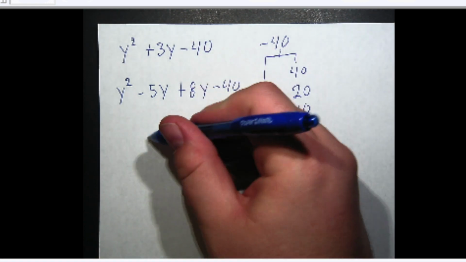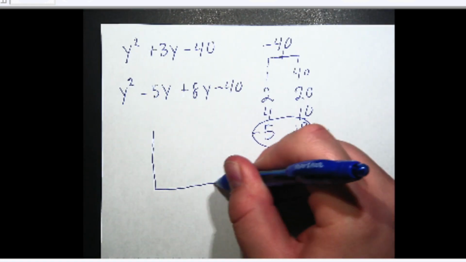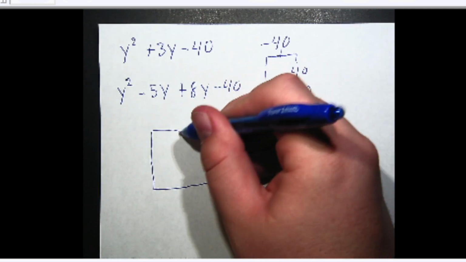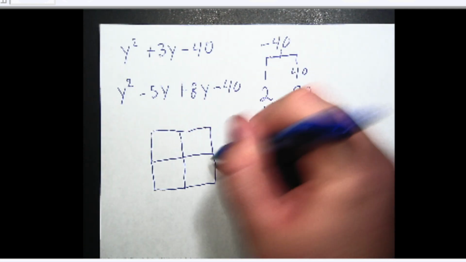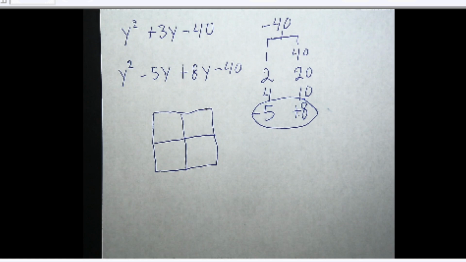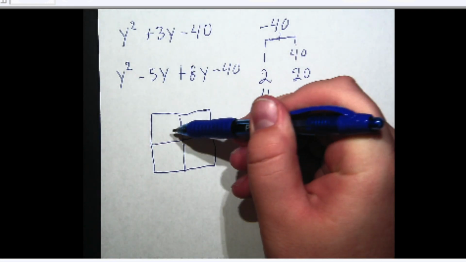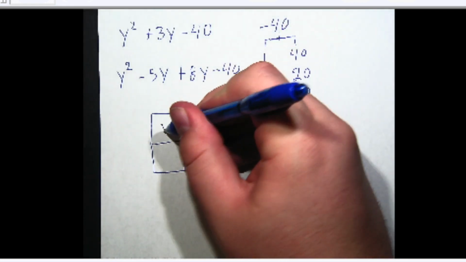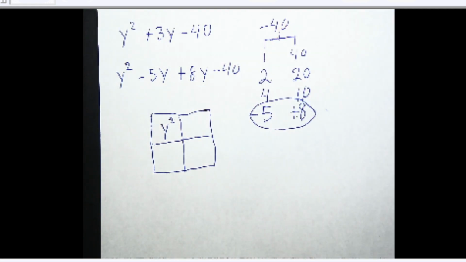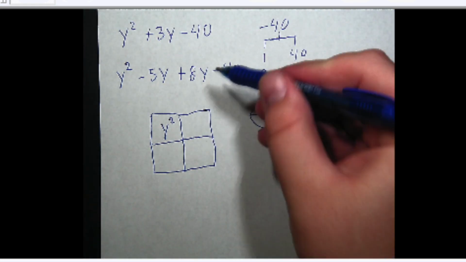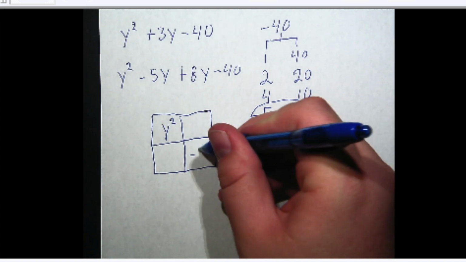All right. So I'm just going to do box method for this one. So I've got my 4 terms. I'll draw up my box with the 4 spaces in it. I can't draw a straight line to save my life apparently. So again, first term goes in the first box. Last term goes in the last box.